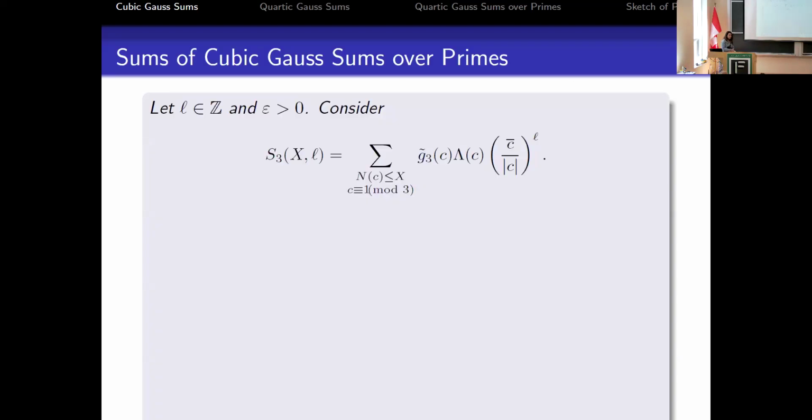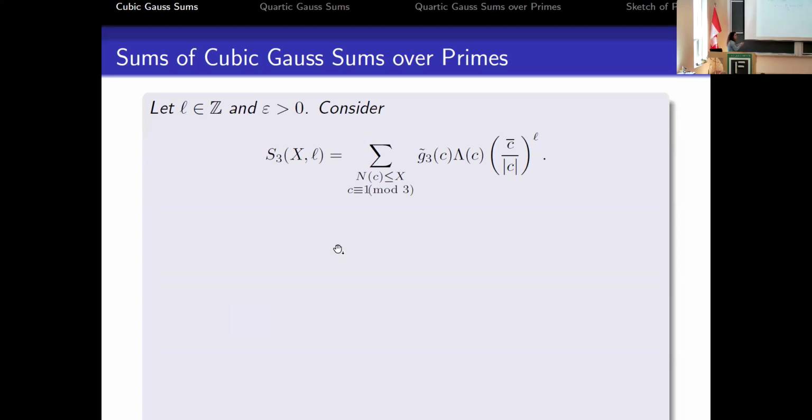Now, the way to attack this problem is through studying moments. Basically, it's an application of Weyl's equidistribution criterion, which tells us that you need to study moments of these values. And as it turns out, studying these moments will reduce to studying twisted first moments as such.